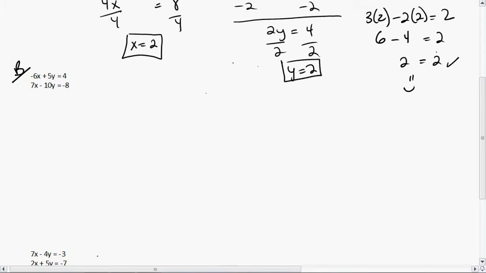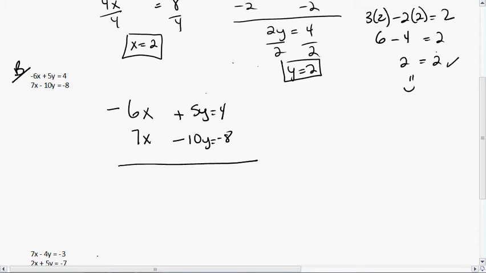It's not quite as straightforward because if I added the 2 equations together as they are right now, negative 6x plus 5y equals 4 and 7x minus 10y equals negative 8, neither the x's or the y's are going to cancel out.